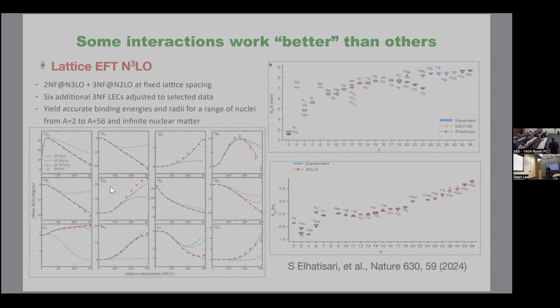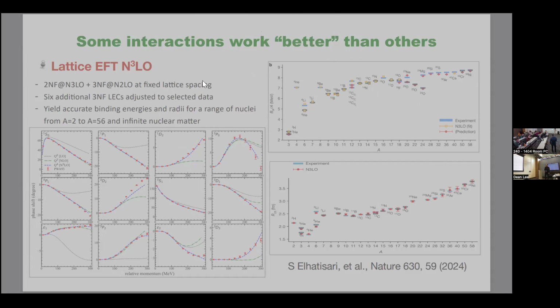All right, so then also we have the nuclear lattice EFT calculations here by Dean and collaborators that were published in Nature last year, where they fit the interaction on the lattice, similar to what is done with the magic interactions here.